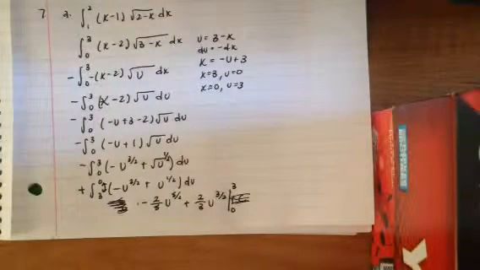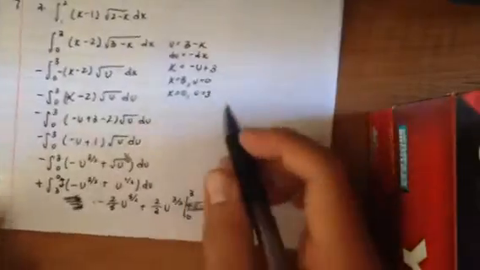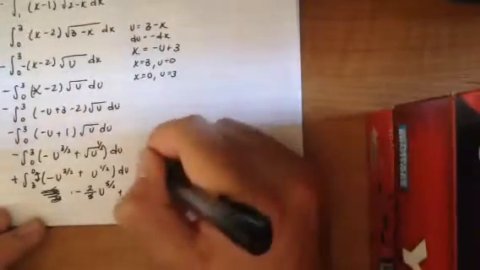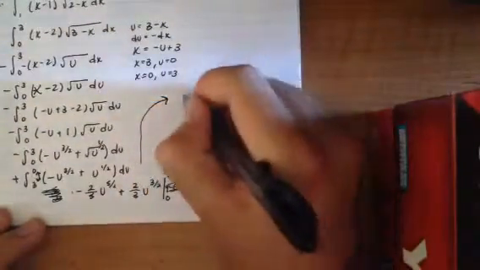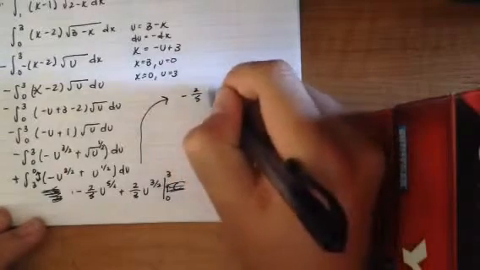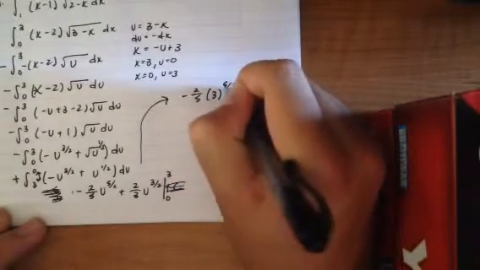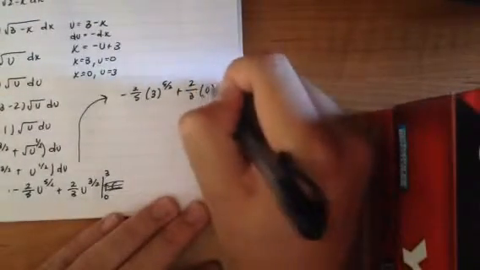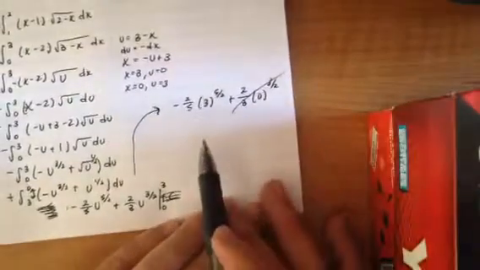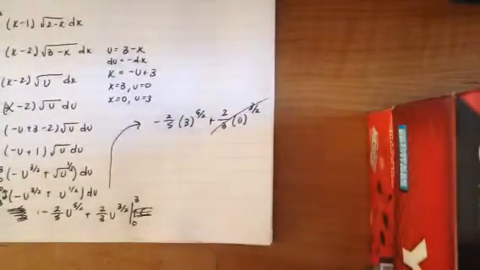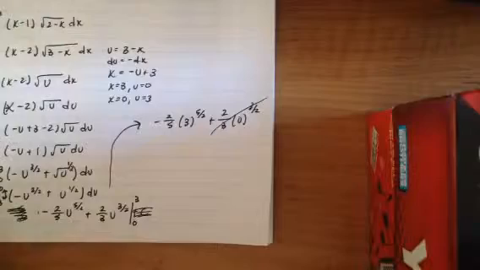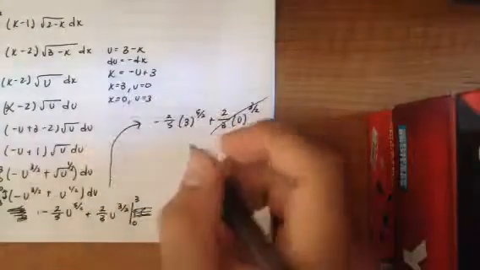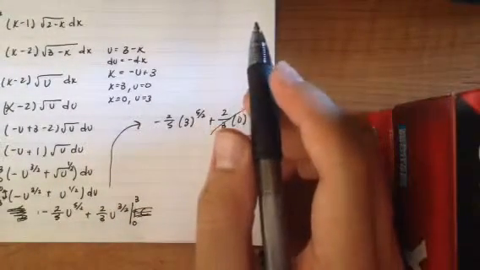And so now when you plug in 3, this is some crazy math. When you plug in, I'm going to move this up here, you get negative 2/5 times 3 to the 5 halves plus 2/3 times 0 to the 3 halves. So this is gone, and now we can just focus on that part. So I guess I would just leave it in that form.